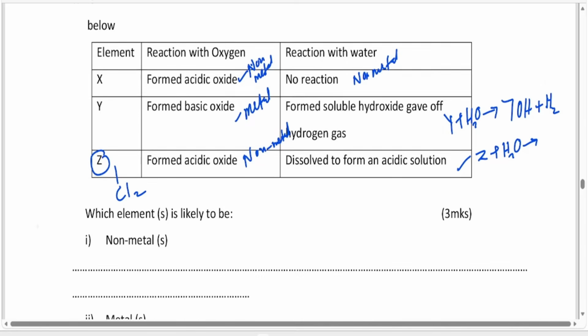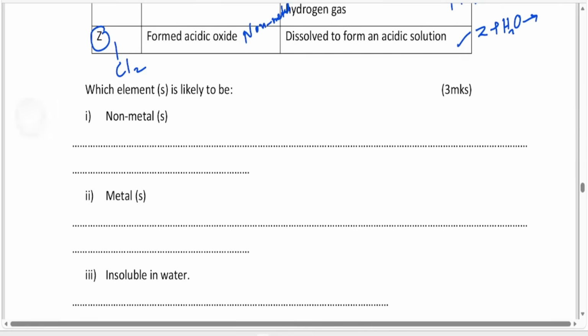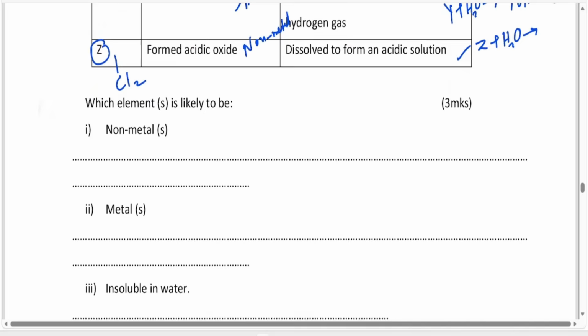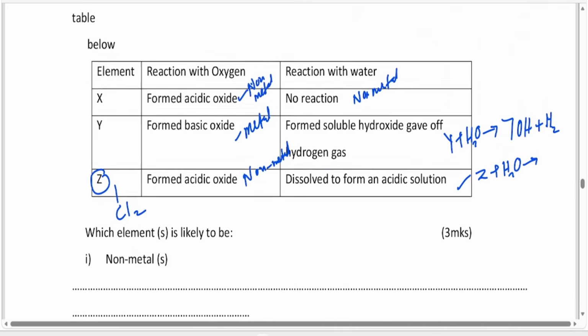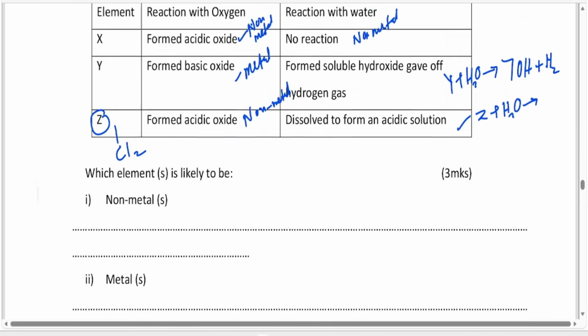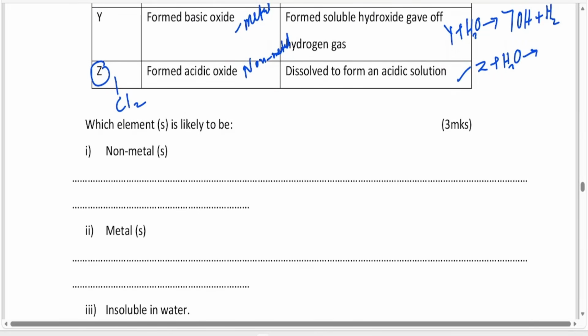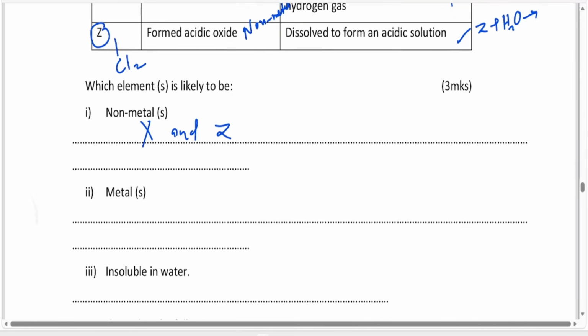Let's try to answer these questions. Which element or elements is likely to be a non-metal? From the information that we are given, X and Z are likely to be non-metals. Which one is likely to be a metal?